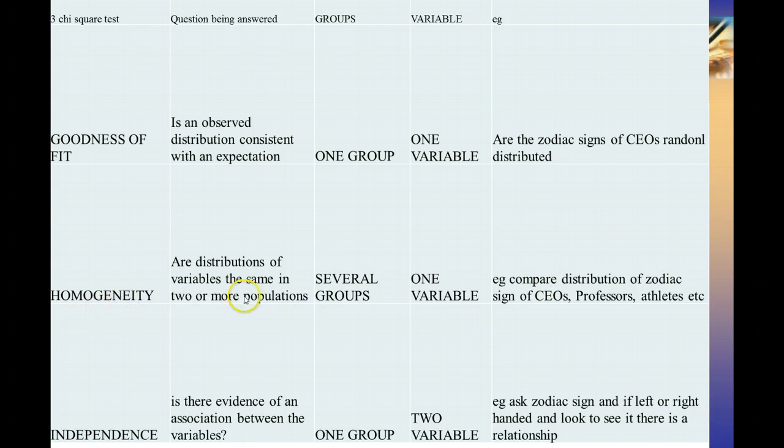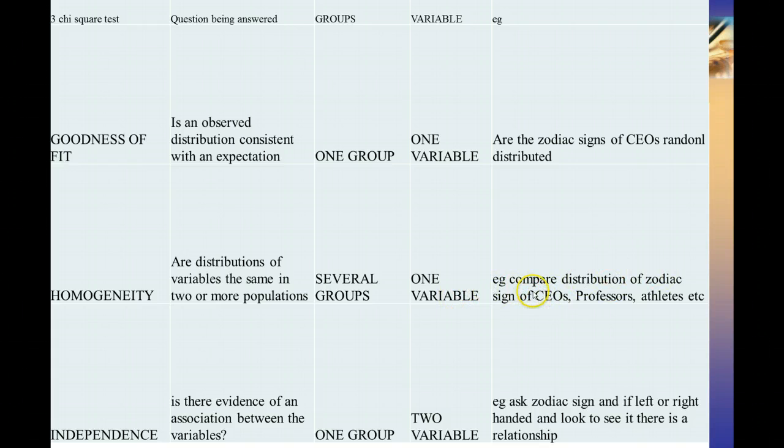Homogeneity, we are looking to see, are the distributions of the variables the same in the two or more populations? So we can have two or more populations and there's one variable. That's what makes it a homogeneity chi-squared test. Example of that, if you want to compare the distribution of zodiac signs of CEOs, so the one variable is zodiac signs.